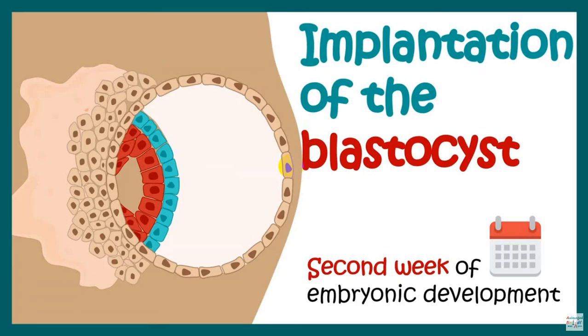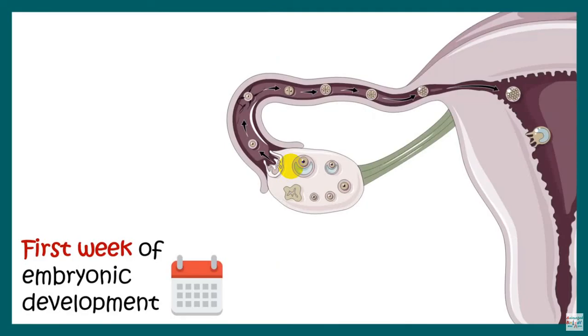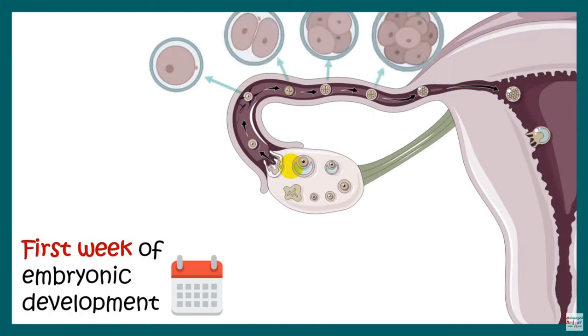Before jumping into details, let us recap what happened in the first week of embryonic development. Everything started with the fertilization event, which leads to the production of the zygote. The zygote divides and forms the 2-cell stage, 4-cell stage, 8-cell stage. Eventually it becomes the morula, which has a mulberry-like appearance and approximately 16 blastomeres.